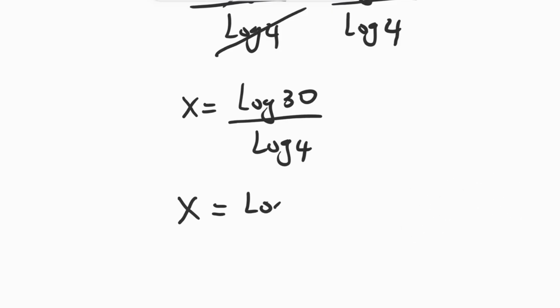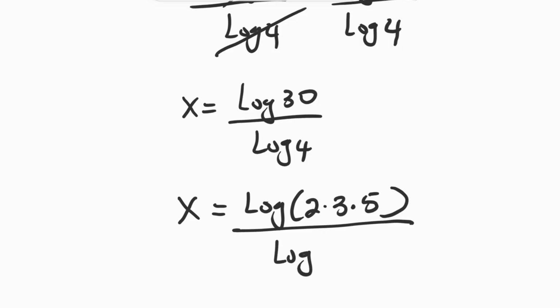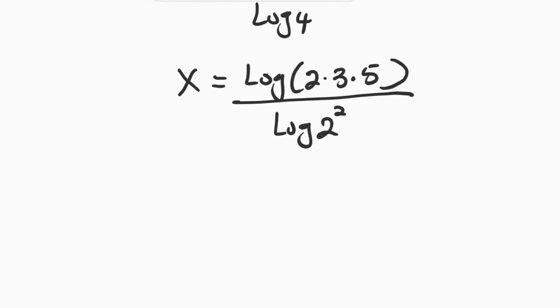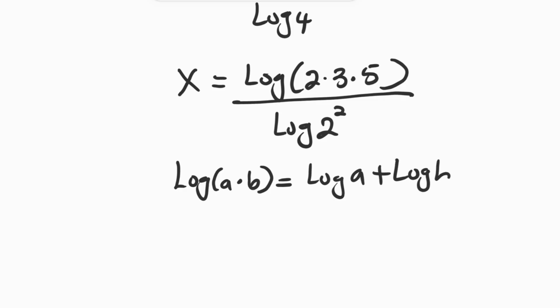Alright, so now we have log of 2 times 3 times 5 divided by the log of 2 raised to power 2. Now for the numerator, we have a log rule that states that when we have log of a times b, it is the same thing as log of a plus log of b.